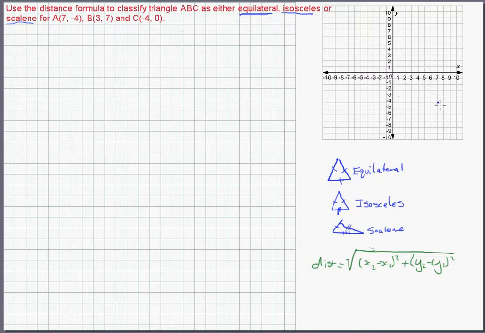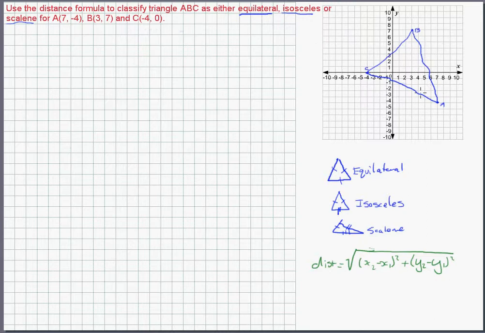Here's A. B is x coordinate 3 up to y coordinate 7, here's B. And C is x coordinate -4, y coordinate 0, so sitting on the x-axis is C. And connecting that, I would suggest using a ruler. You must use a ruler. I don't have it on this program, unfortunately.